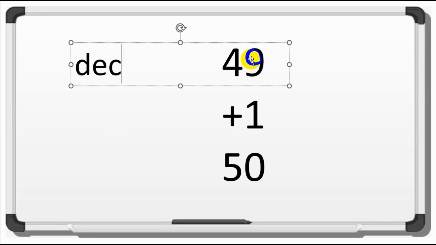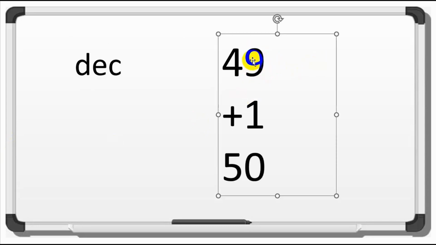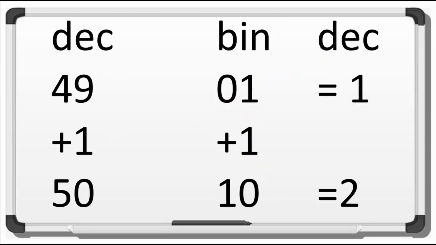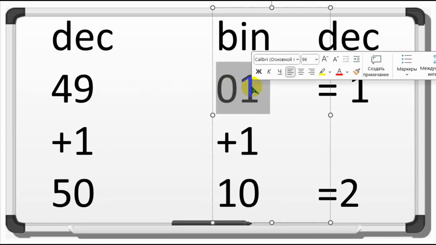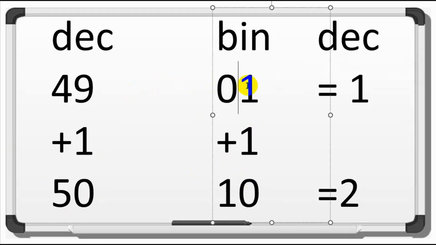The mathematics is simple. If we would like to add 1 to the maximum 9, then we need to reset this digit to 0 and add 1 to the next one. It's the same in binary. So if we had, for example, 01 and we add 1, we reset this to 0 and increase the next one.